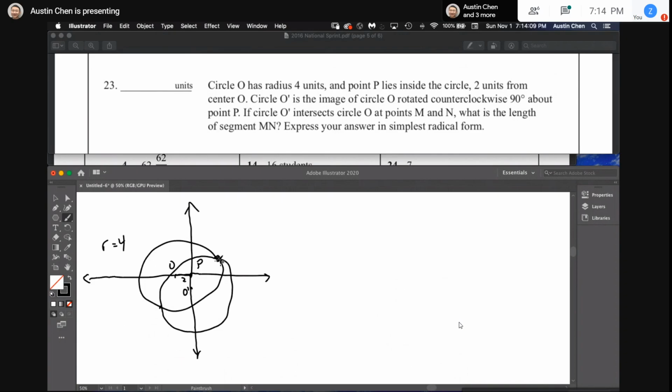And it intersects at points M and N. And this length will also be 2.